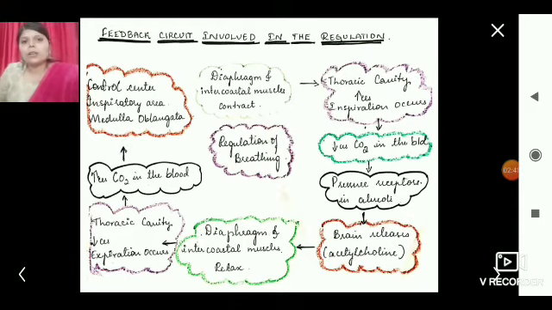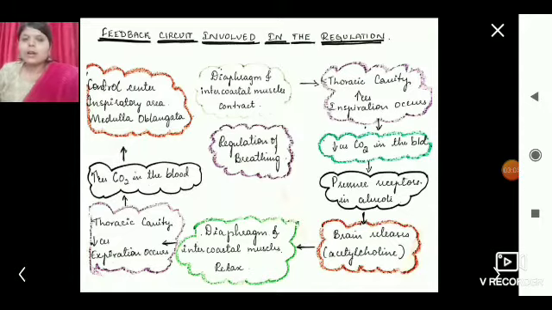I'll show you in this particular flowchart that if the thoracic cavity increases, inspiration needs to occur. What would be the condition of the blood? There is a decrease in the carbon dioxide in the blood.